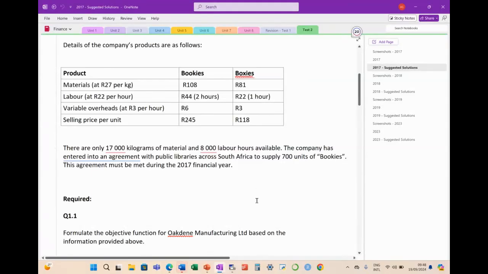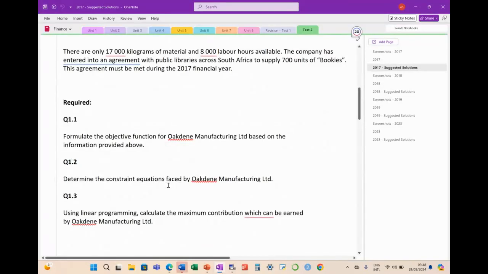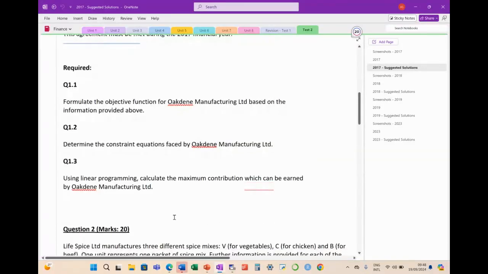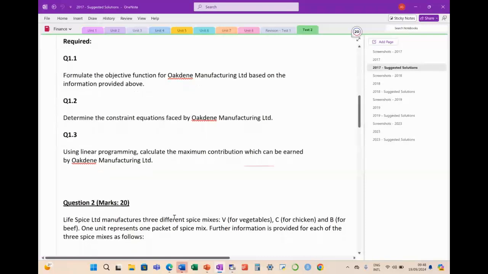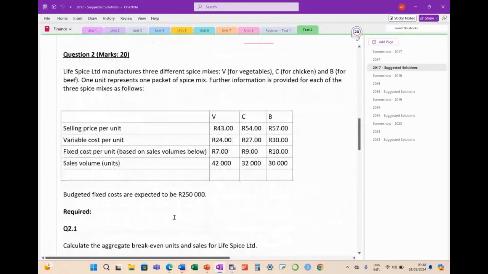Okay, and then once you have the objective, determine the constraints equations, those equations we were looking at just now. Then they go on to say use linear programming, calculate the maximum contribution which can be earned. Which is exactly what we did just now when discussing 2019.